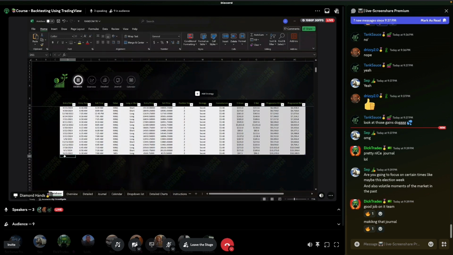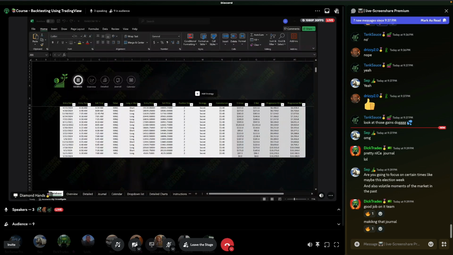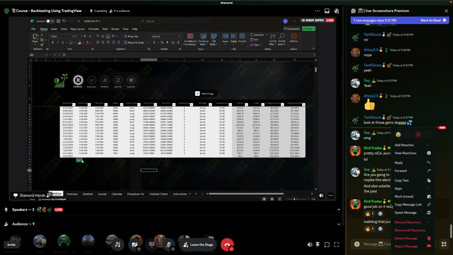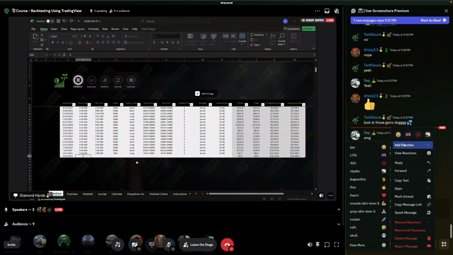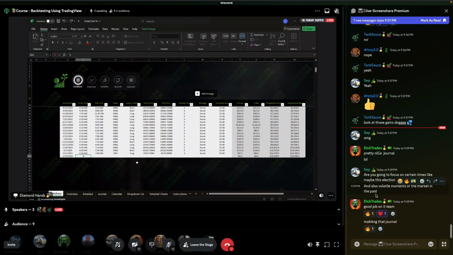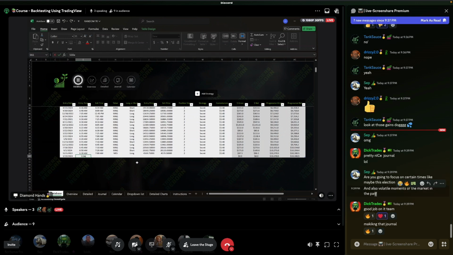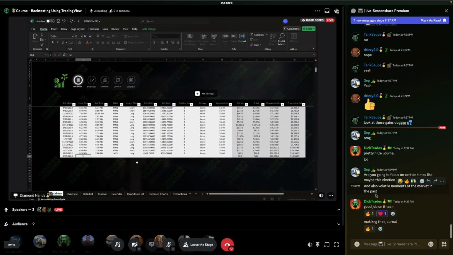So in that case, it was January 19, 2024. My trade was at 5:10 a.m. So I'm going to put 5:10 a.m. Obviously, it was red because I never trade at 5.